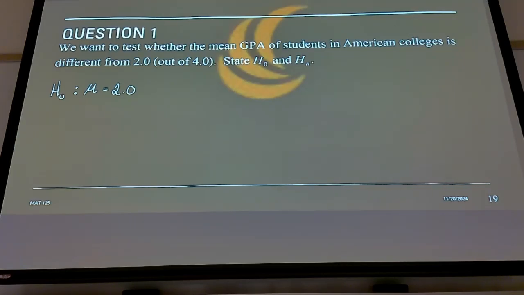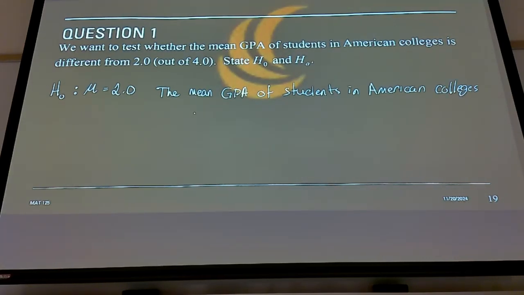So mu equals 2.0, or if you want to use words, the mean GPA of students in American colleges is 2.0.